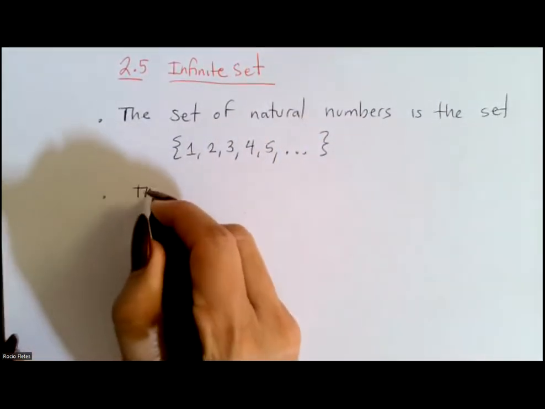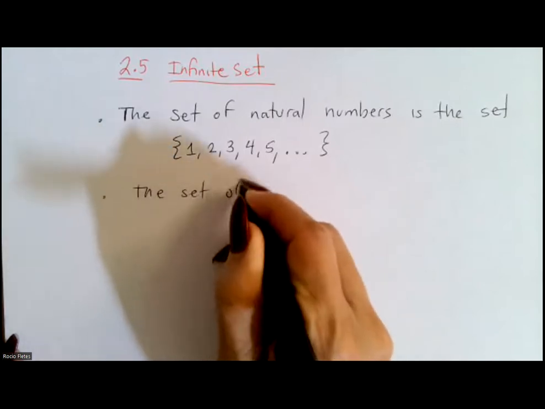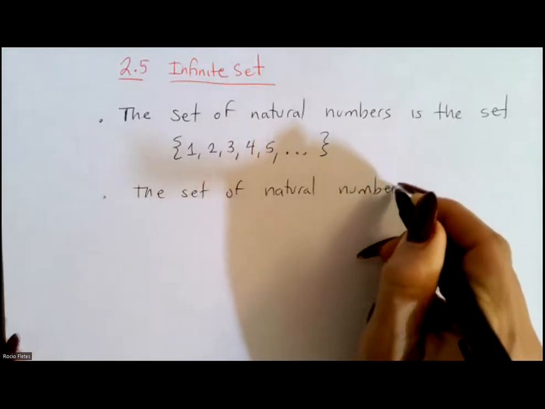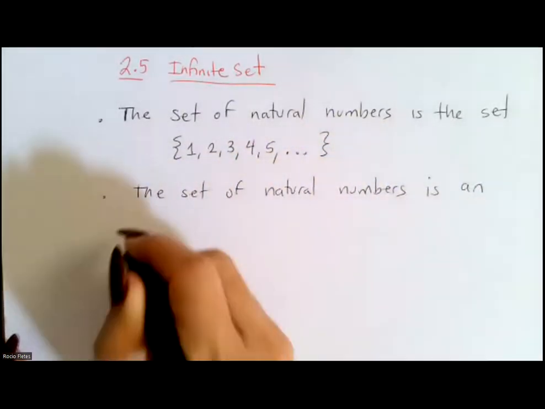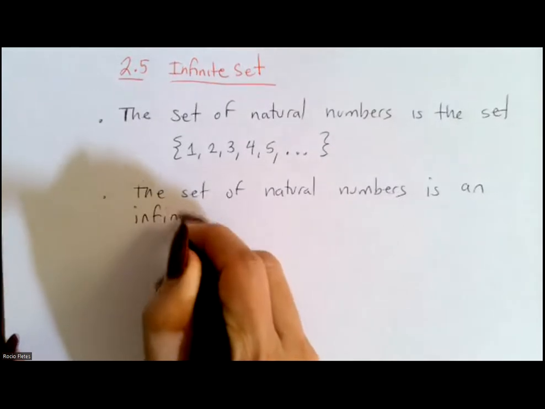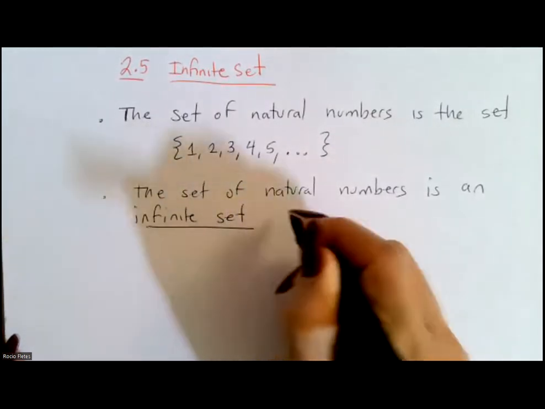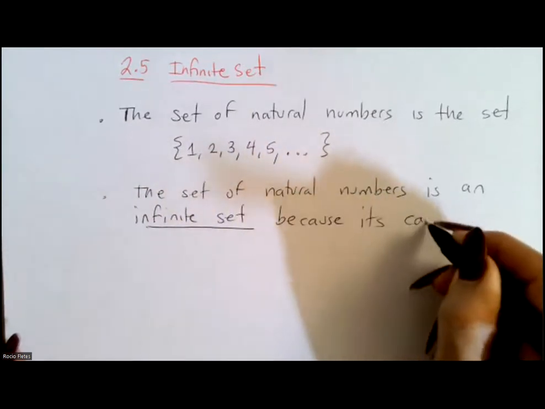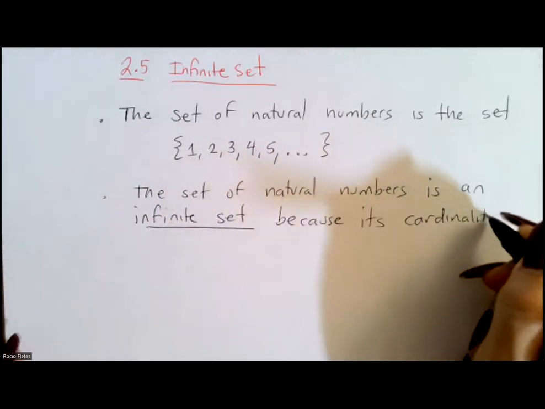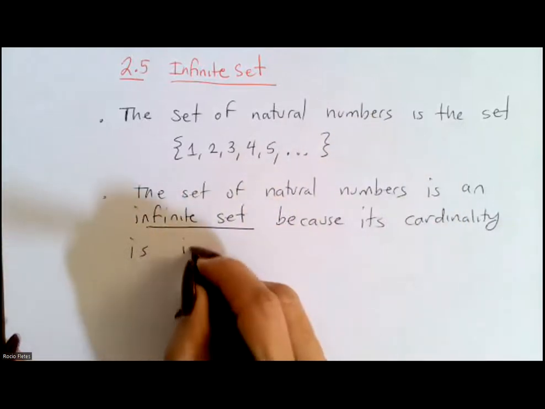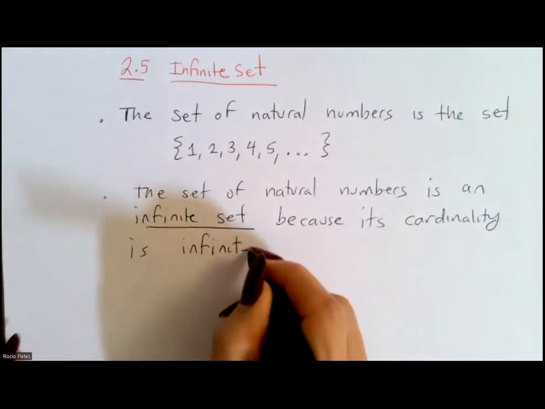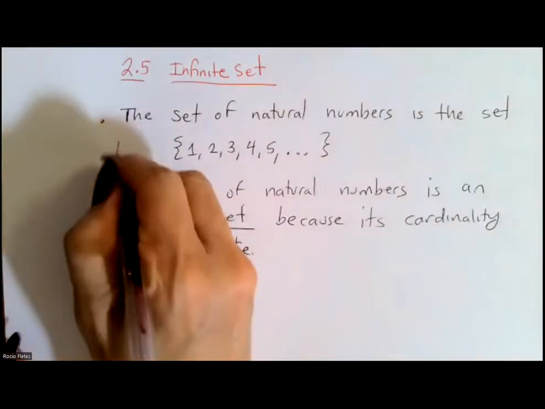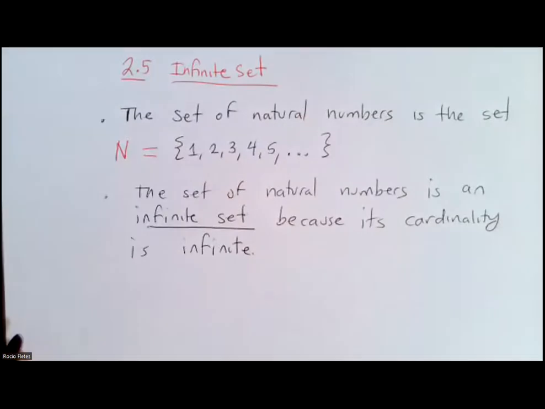So this set, the set of natural numbers, is an infinite set because its cardinality is infinity, or infinite. In other words, I can denote the set of natural numbers by N, as we had in the past.